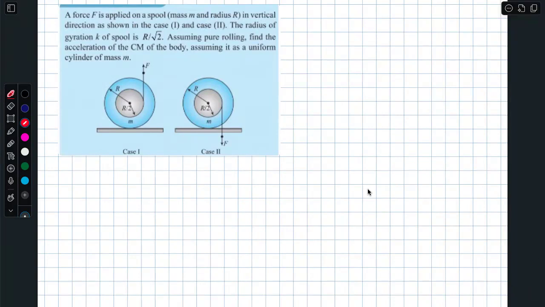Now, when you are trying to rotate, see the question carefully. A force F is applied on a spool. They have given mass and radius in that diagram.